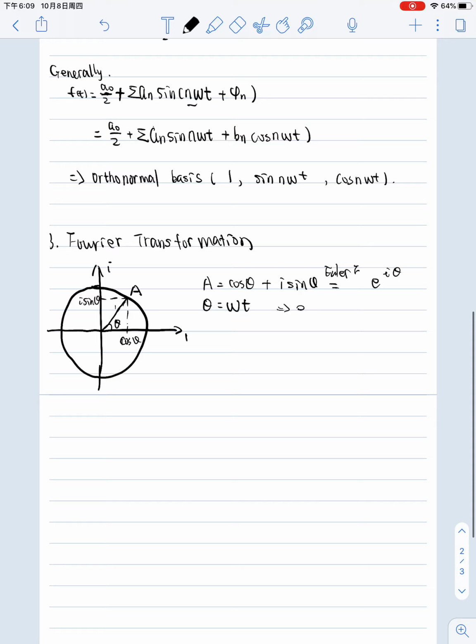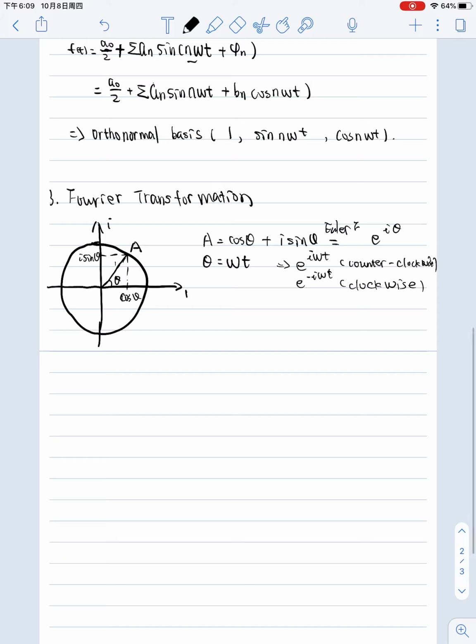So e^(i omega t) and e^(-i omega t). When the t increases, the theta will increase. So this is counterclockwise, and this is clockwise.